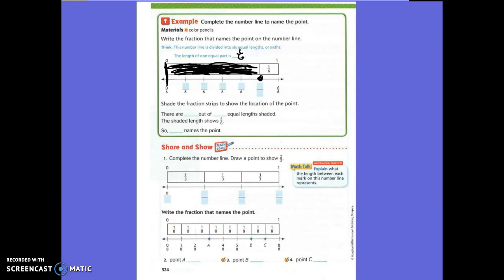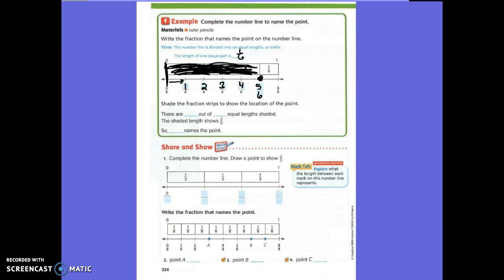But then you go a little ways, and now you have 1/6. And then 2/6, and then 3/6, and then 4/6, and then 5/6. You have to write the numerator and the denominator on 5/6.